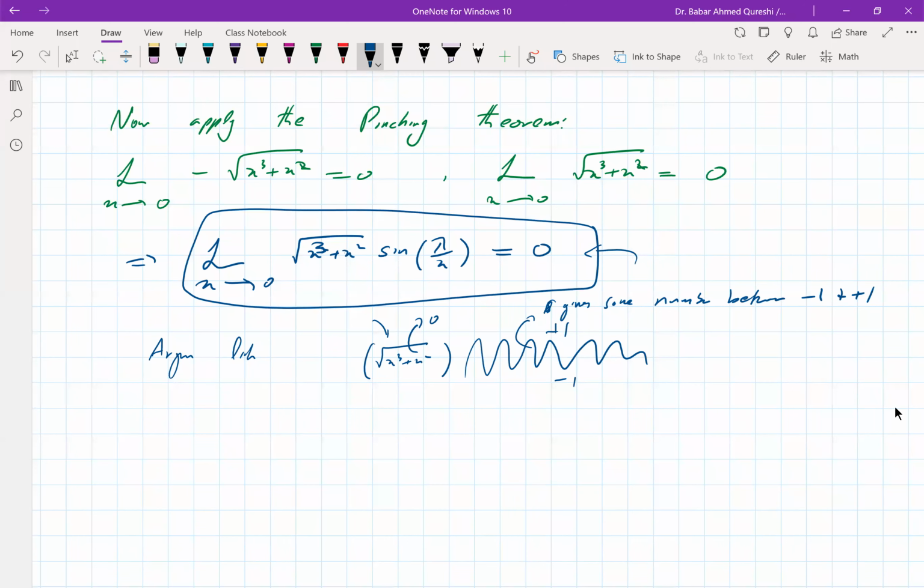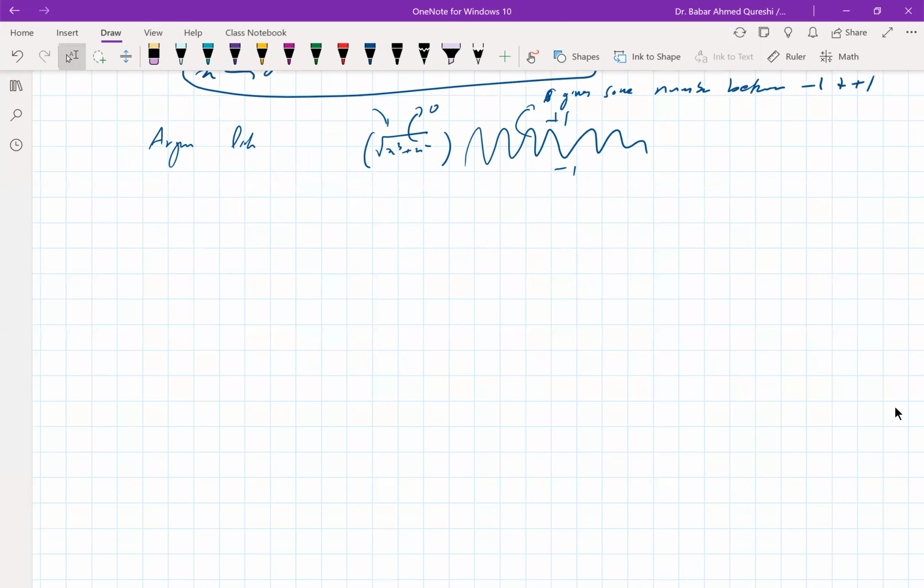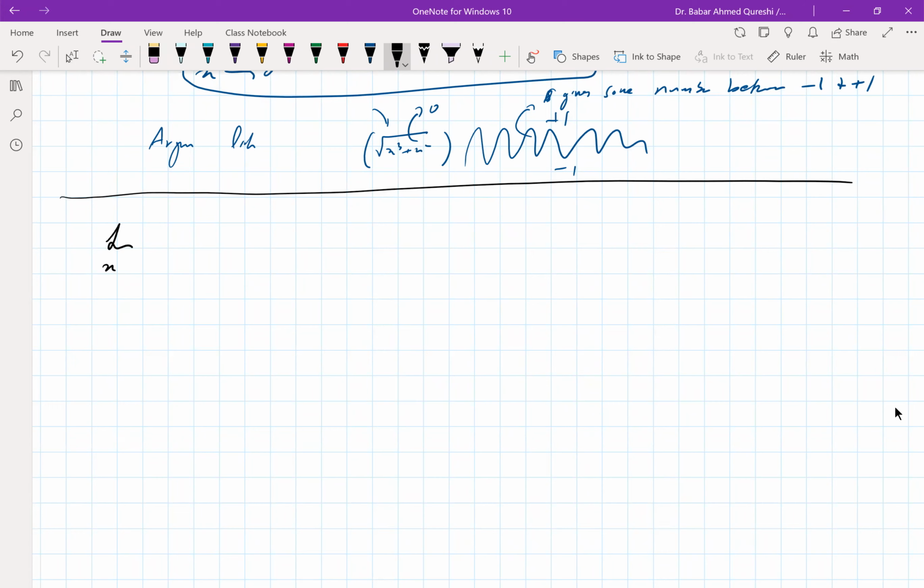Now let's do some examples related to epsilon delta. So suppose you are given this: the limit as x goes to 0 is equal to 2.